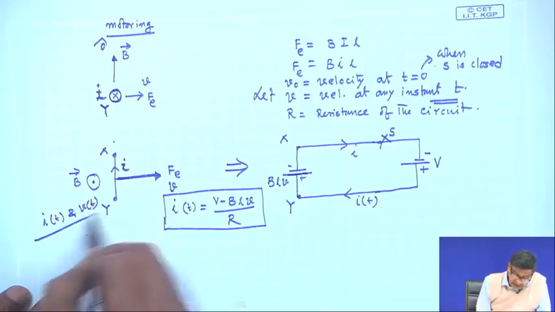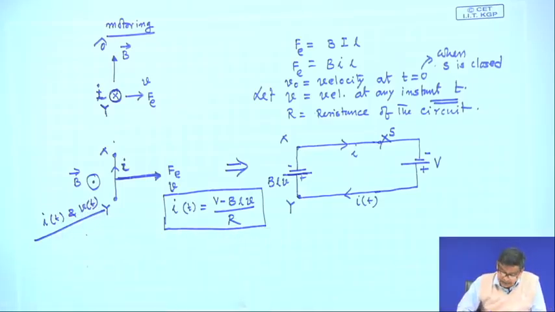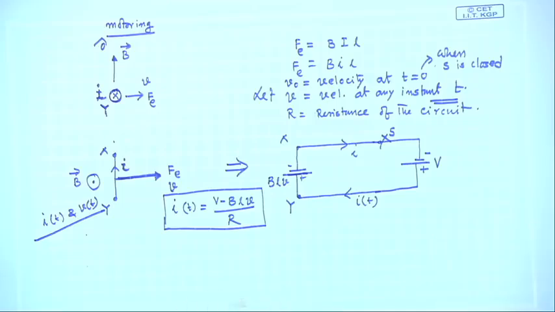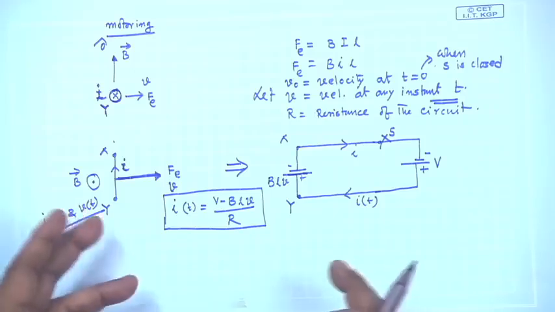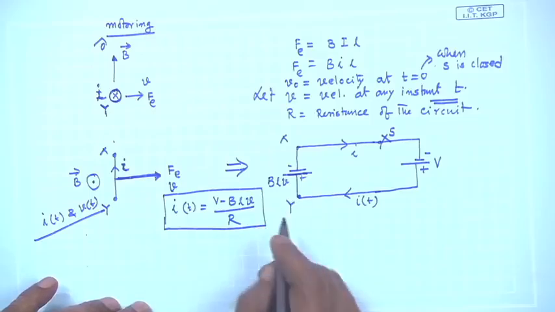So, I need another equation to get knowledge of how current is changing in this circuit, how the velocity is changing, and who will supply that knowledge? It will be this electromechanical equation. It is the KVL equation in this loop, KVL.